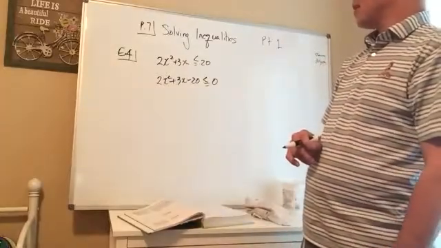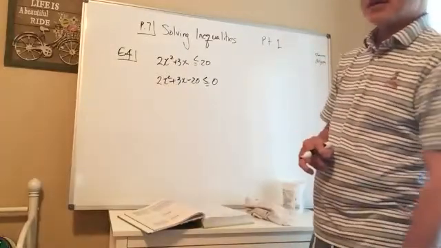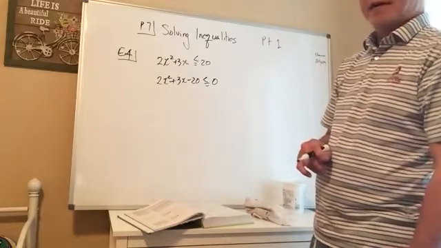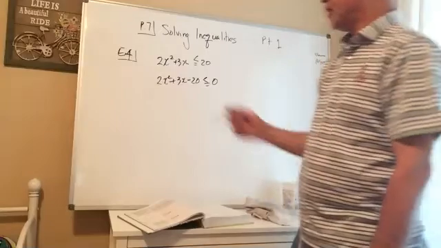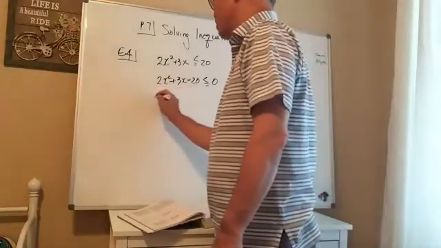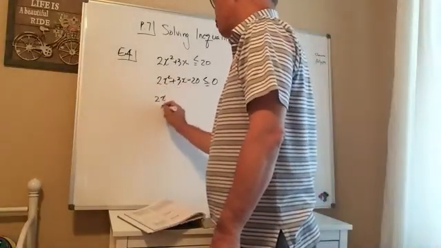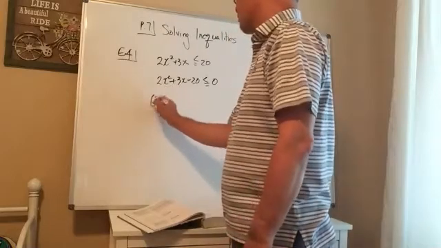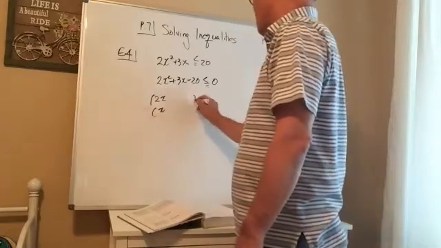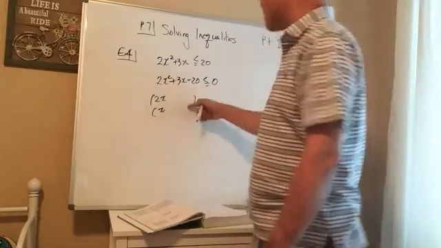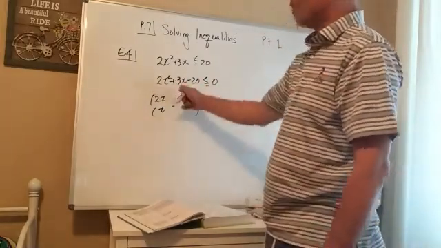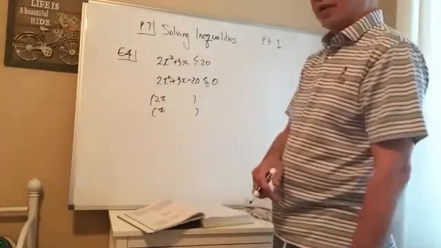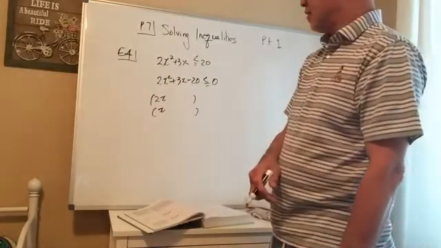So I'm going to have to play around here to see if I can factor this. The trick is that you have a 2, so you're going to have a 2 and a 1 like this. Over here, you need something that multiplies to negative 20, and when I cross and cross, I get plus 3.